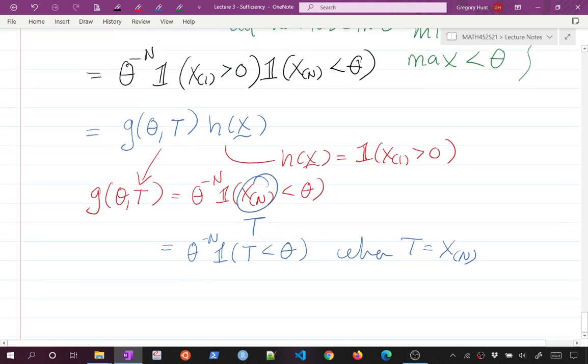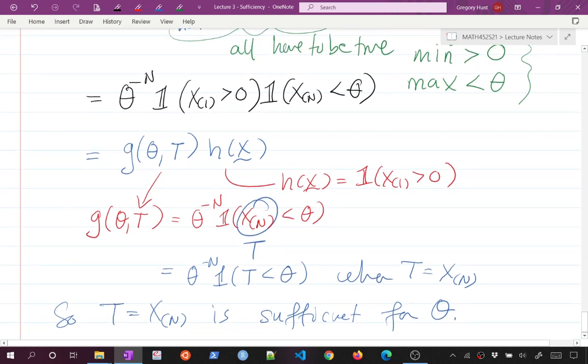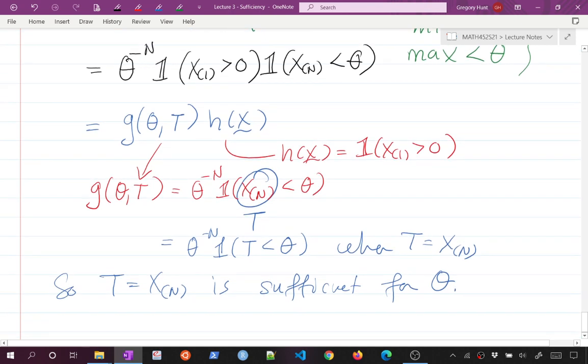Which means t, which is the maximum, is sufficient for theta. And that's how you can use this factorization theorem to actually discover sufficient statistics. I mean, you basically have to stare at it long enough until you can see how to do this factorization. How do I choose g and h and t so that this factorization is possible?